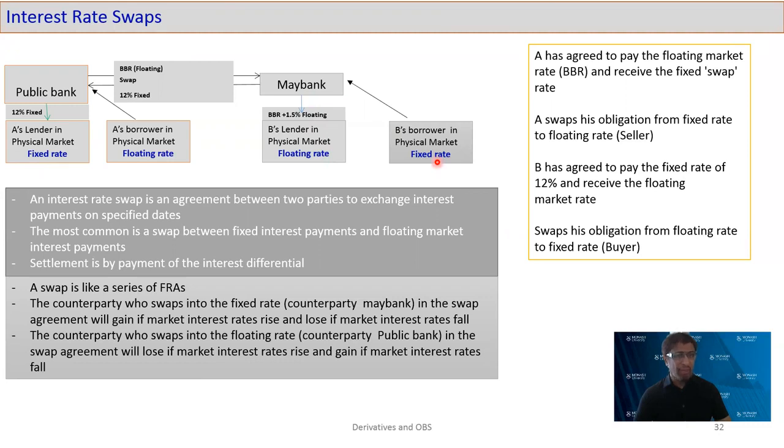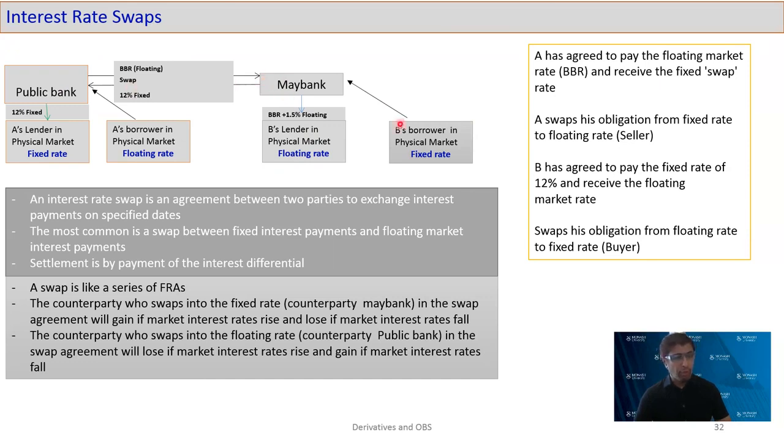At the end of the period, the borrowers will give the fixed rate, and he has to pay his lenders in the physical market, which is the floating rate. If the fixed rate is now less than the floating rate, which is when the market is high, Maybank will be stuck. So the perfect position is for those two banks to swap.